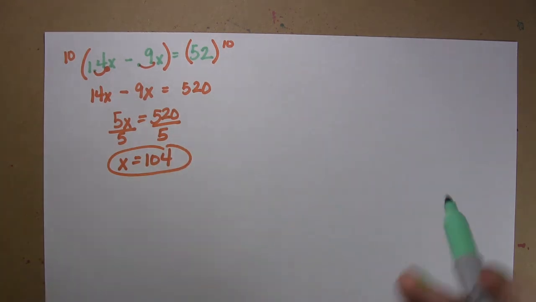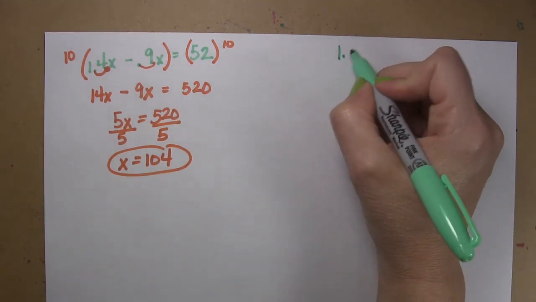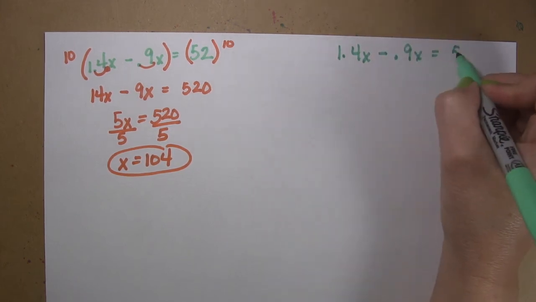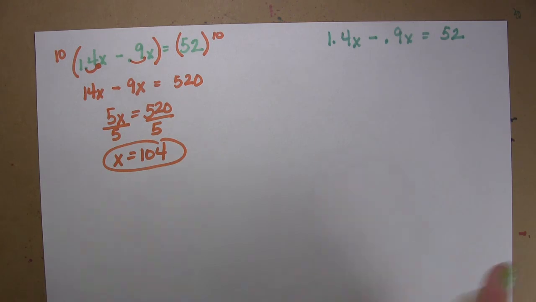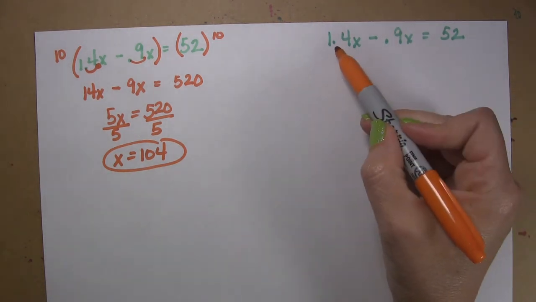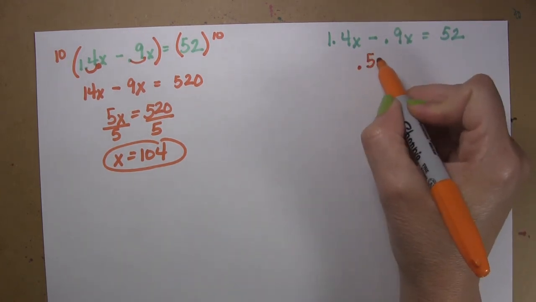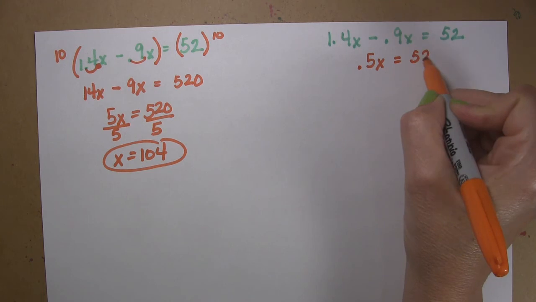Let's just go back to the original problem. 1.4x minus 0.9x equals 52. Let's say we don't have an issue with decimal points. We put into our calculator 1.4 minus 0.9, that gives us 0.5x equals 52.